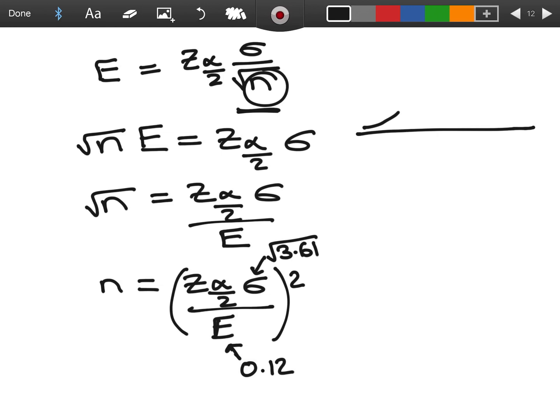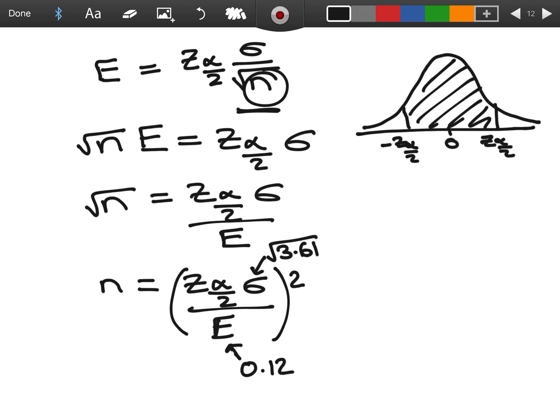So for my z of alpha over 2 in this case, negative z of alpha over 2 would be here, and z of alpha over 2 is here, and 0 is in the middle. Remember the z value, it's in standard normal. I am just looking for that value. I want an 85% level of confidence.